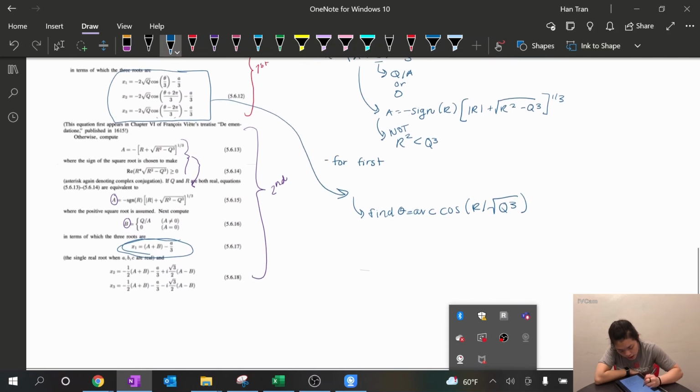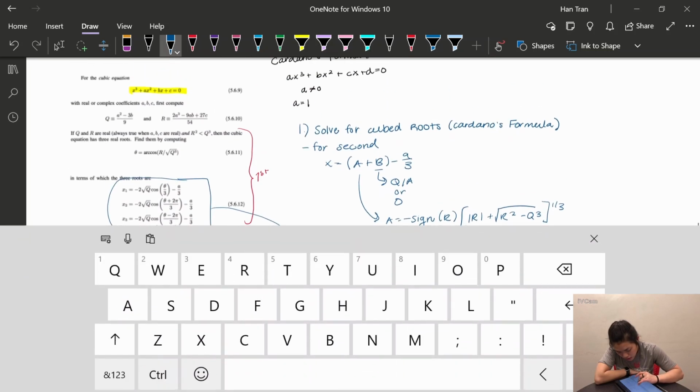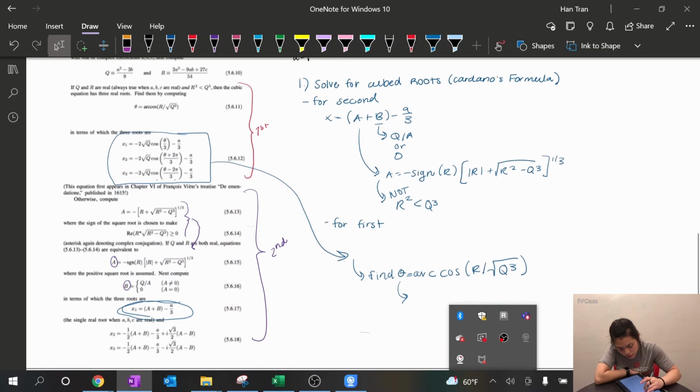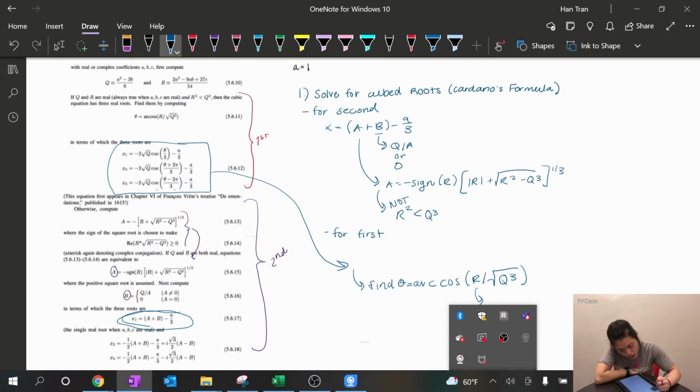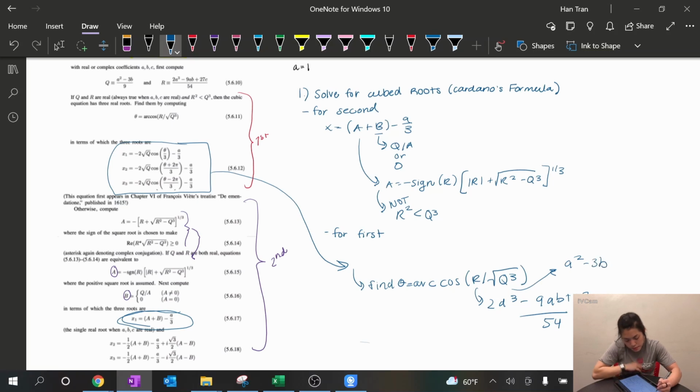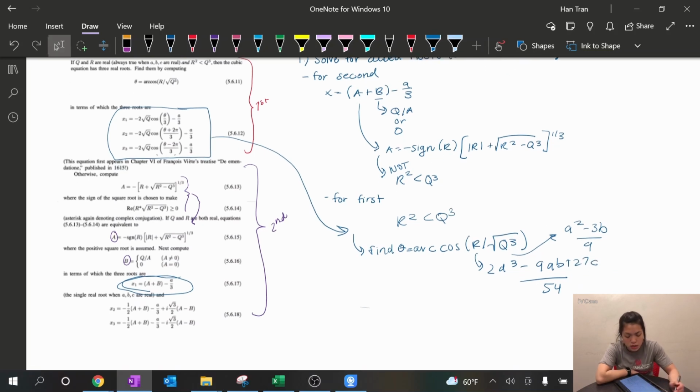To find r, we would do 2a cubed minus 9ab plus 27c, divided by 54. To find q, we would do a squared minus 3b, divided by 9. We do this when r squared is less than q cubed. So the first thing we have to do before everything is find this r and q value.